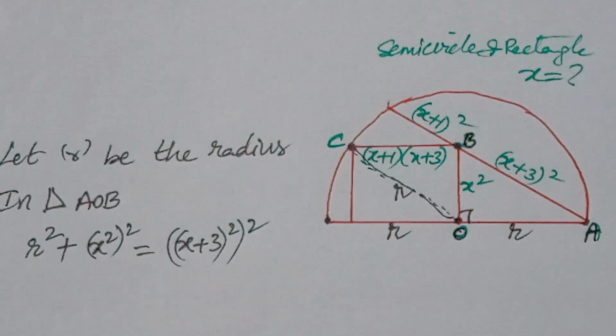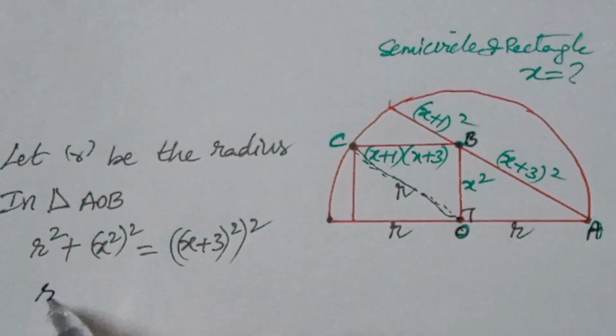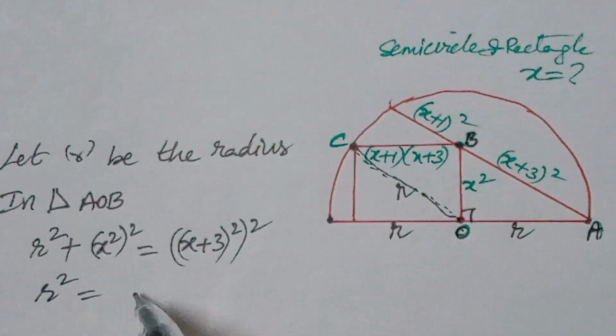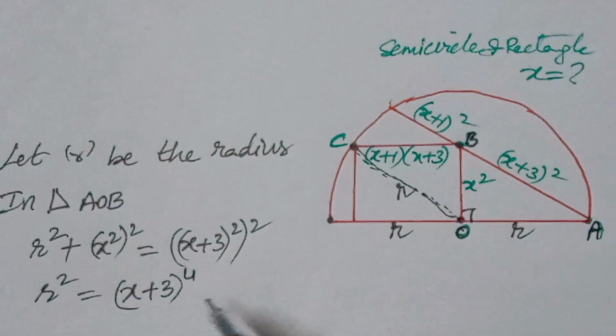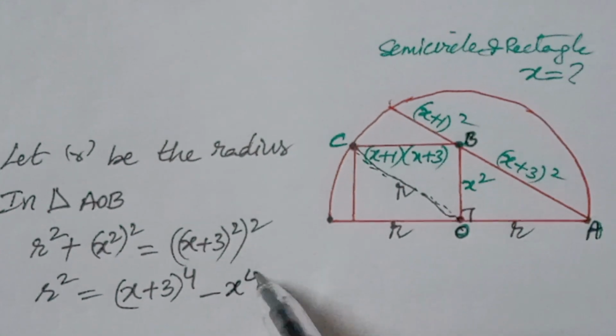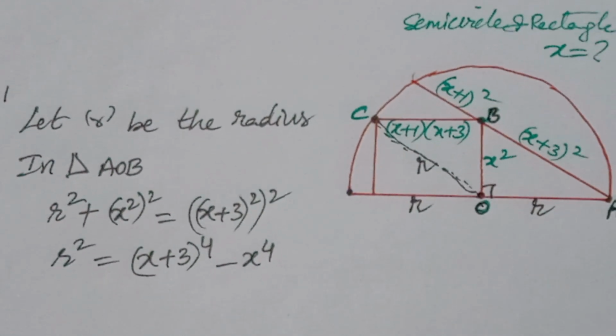The square of the hypotenuse is equal to the sum of the squares of the other two sides. R square is equal to (x plus 3) to the power of 4 minus x to the power of 4. That is the first equation.